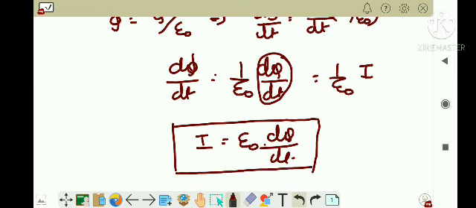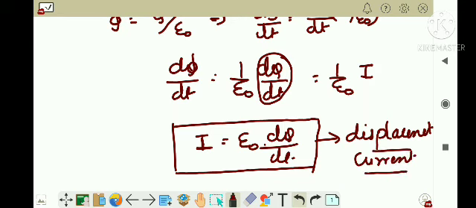So the current which is there in the capacitor due to the variation in the electric field inside the capacitor is given by this expression, I is equal to epsilon naught d phi by dt, and this is known as displacement current. It is called displacement current.